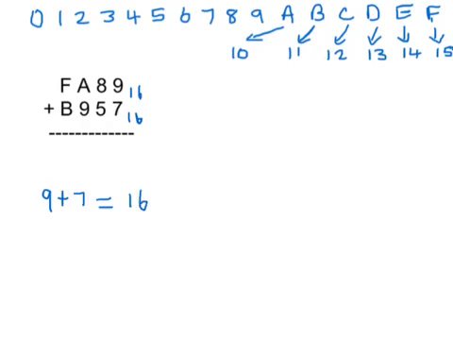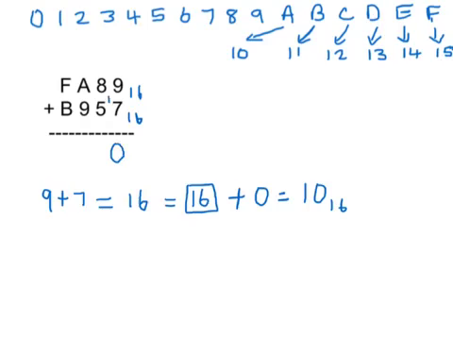There's no symbol or digit to represent 16 in hexadecimal, so we convert this 16 to hexadecimal. And in hexadecimal, 16 is one group of 16 plus 0, which is equal to 10 base 16. So 16 in hexadecimal is 10. So what we do is you write down the 0 and we carry 1.